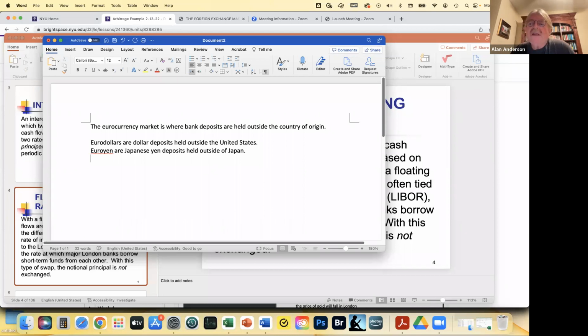And he was always worried that one day the United States government is going to seize those deposits to punish him for whatever he was doing. So he thought, why don't I move them into London? But I really want to keep my funds in dollars rather than pounds. So he approached some banks and made the arrangements, and the bank said, sure, we can do that for you. We can hold dollar deposits, but if we do, you're going to earn the dollar rate of interest, not the British pound rate of interest.